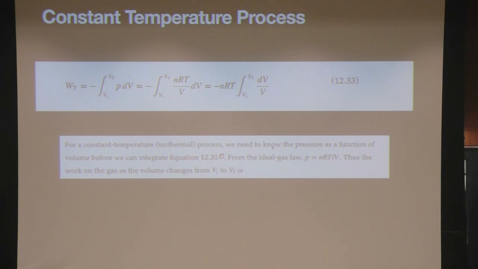We have to go back to our equation of state, because we could have a changing pressure, and we have to come up with our equation of state to figure it out, because now we have a constant temperature process. So we go back to our old equation for work done on a gas that we had in the earlier slide, but then we have to do a little bit of calculus to do an integral.